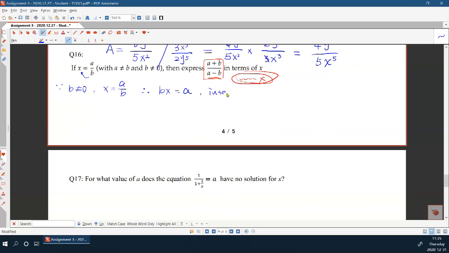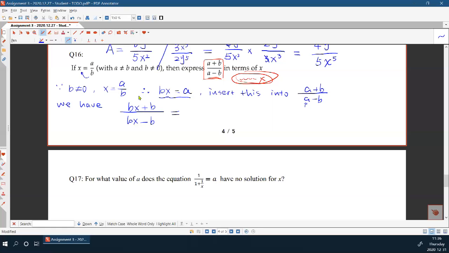And insert this into this expression. A is bx, so a can be substituted with bx. B is unchanged. A here again can be substituted with bx, and b is unchanged. Okay.